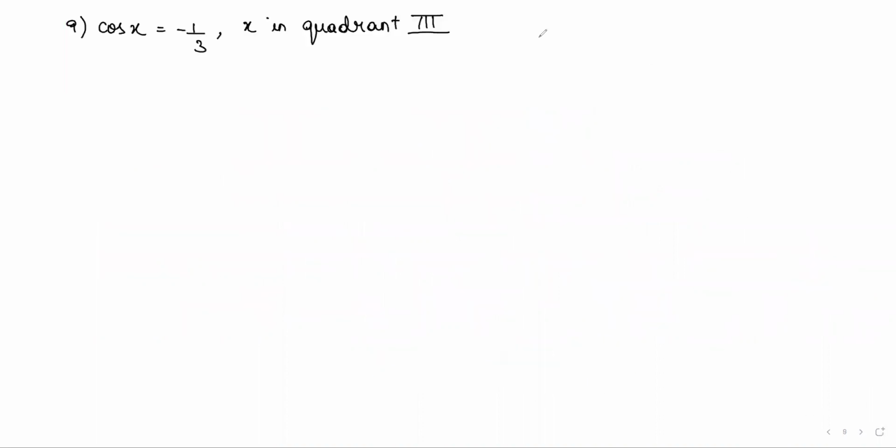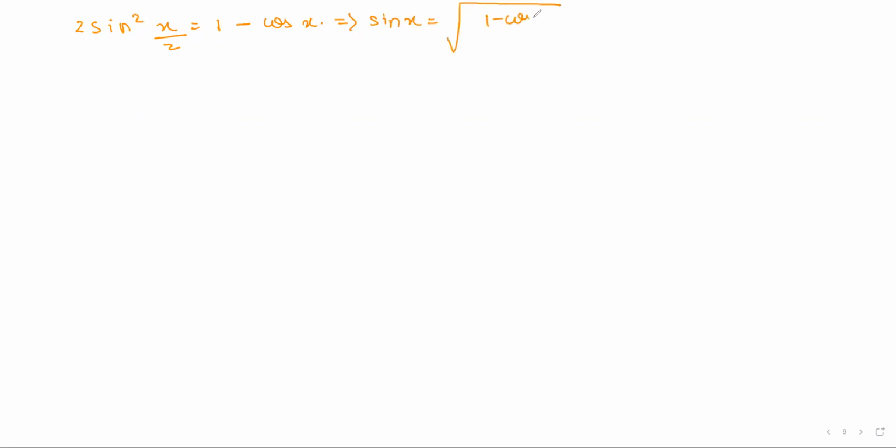Next, sin x by 2. We know that 2 times sine square x by 2 is equal to 1 minus cos x, or you can write sine x by 2 is equal to root of (1 minus cos x) upon 2.